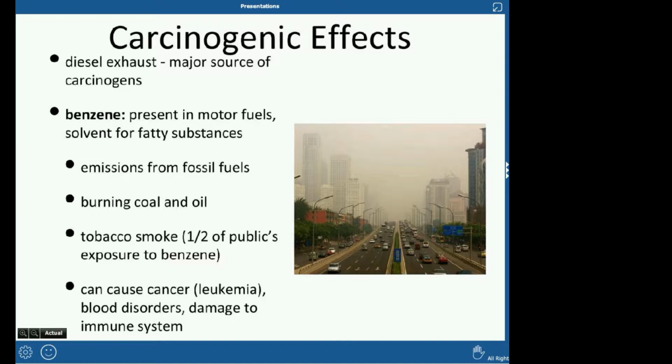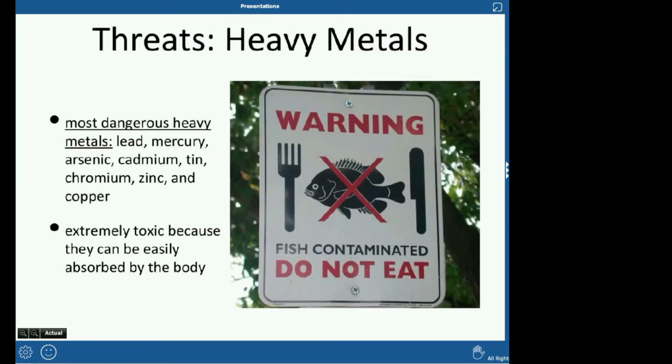It can cause cancer, blood disorders, and damage to the immune system. When you study it in organic chemistry, it's a really pretty little molecule, but it's actually not super safe.